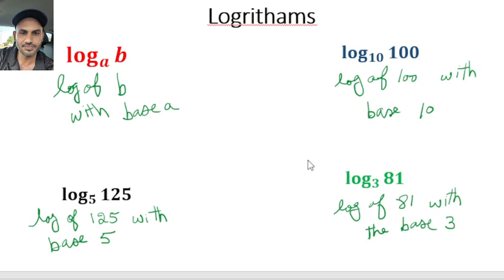But make sure, this particular one is about learning how to just read a logarithm expression, like log of 81 with base 3. So let me go on to the next slide.